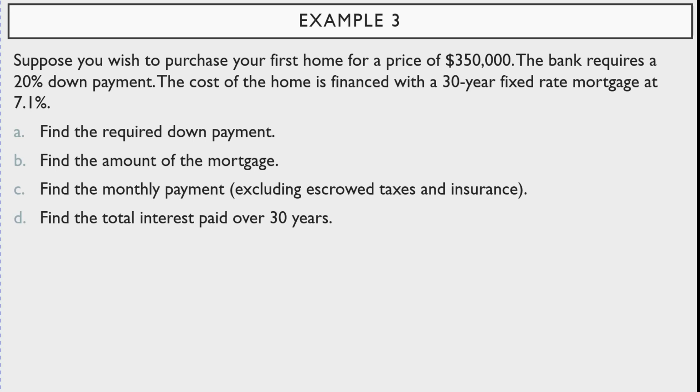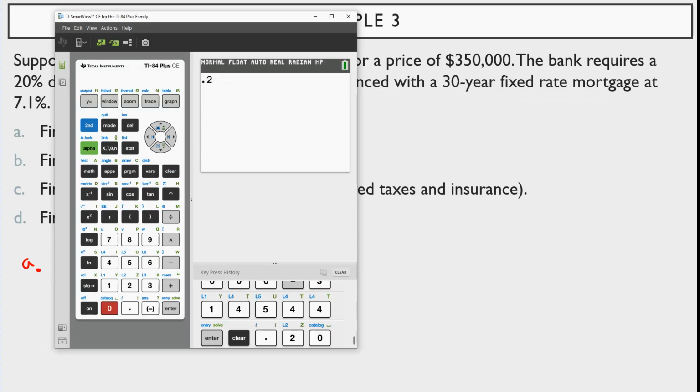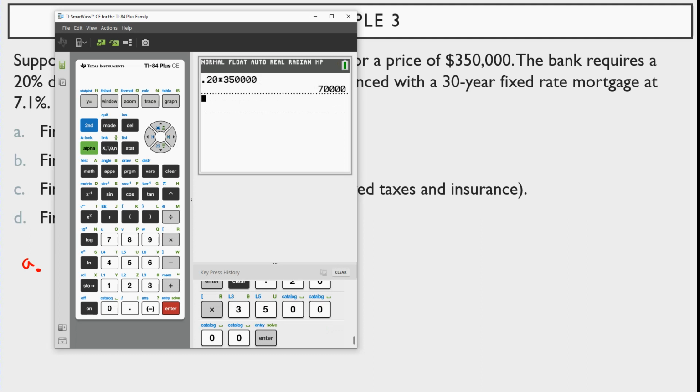Find the required down payment. Well, you're going to take 20% of this $350,000. So basically, you're going to have to give the bank $70,000 just to get the mortgage.